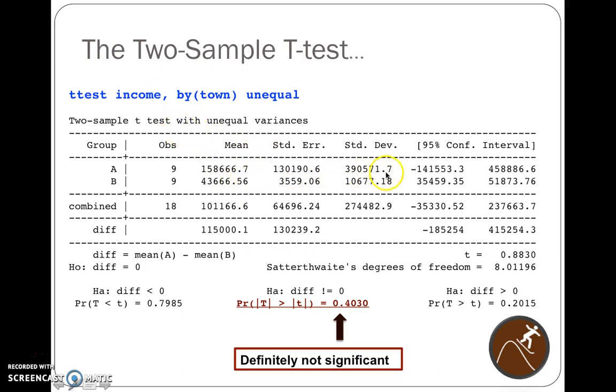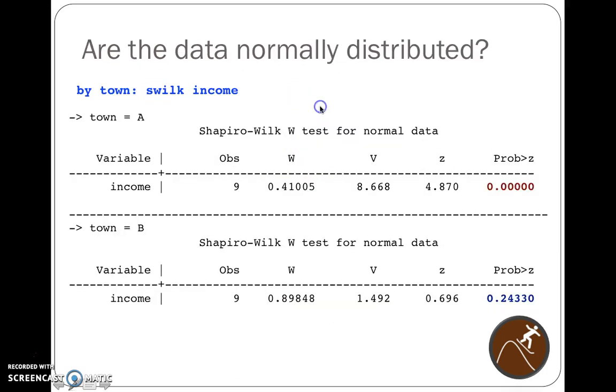A big reason is how huge these standard errors and standard deviations are in the confidence interval around the average. So the t-test says no statistically significant difference.